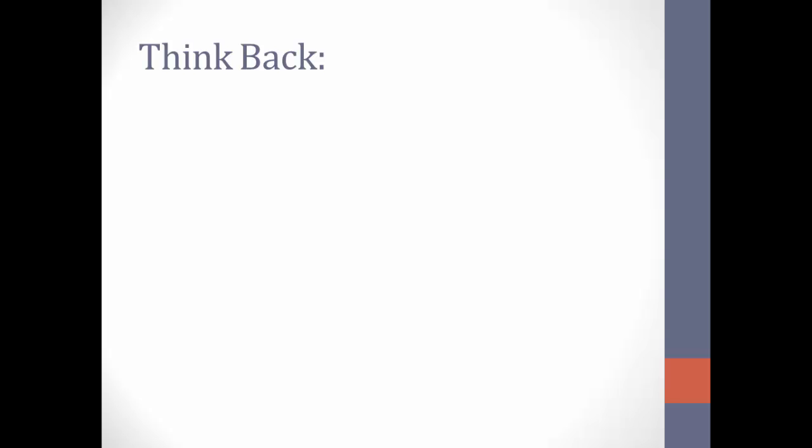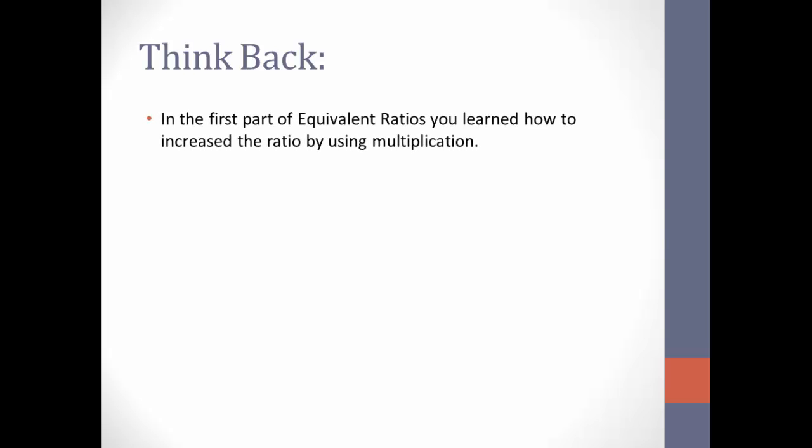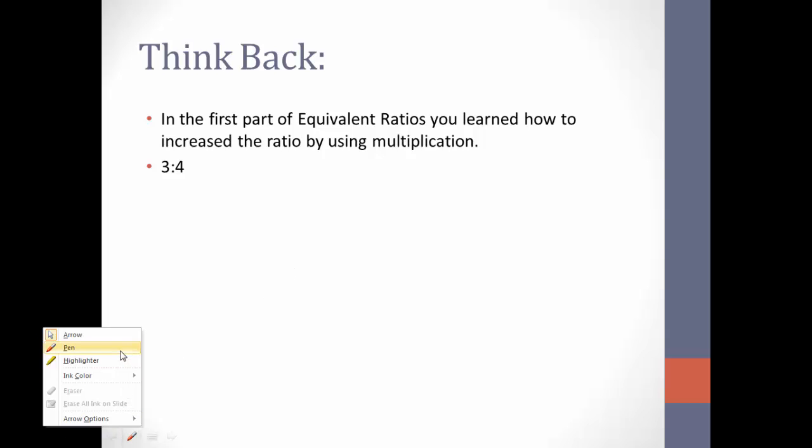Let's think back. In the first part of equivalent ratios, you learned how to increase the ratio by using multiplication. Let's increase this ratio 3 to 4. We did that by learning how to choose any whole number and multiply the terms by that same number.